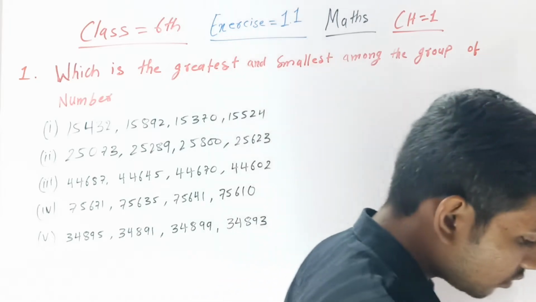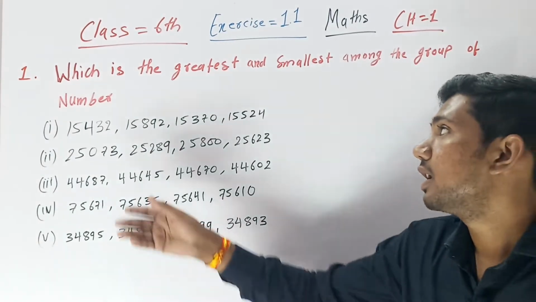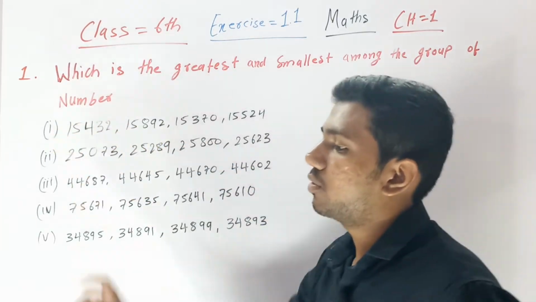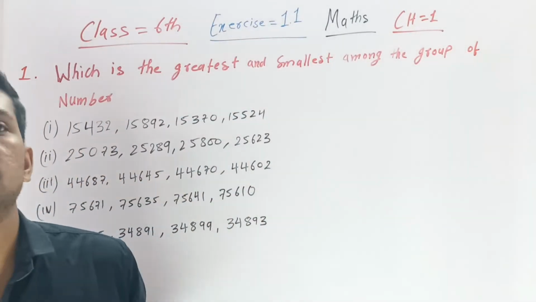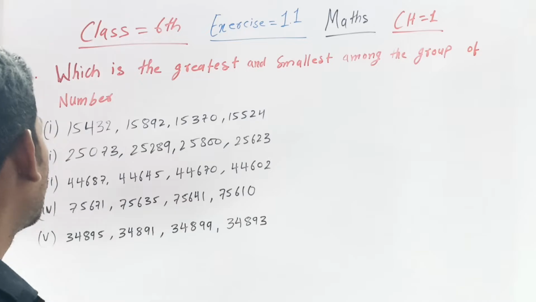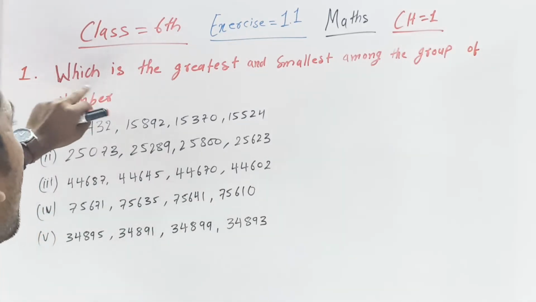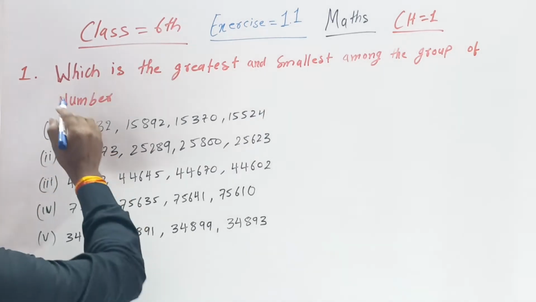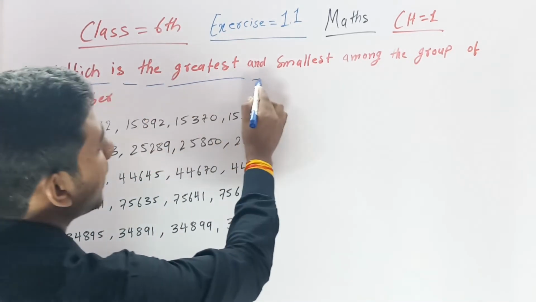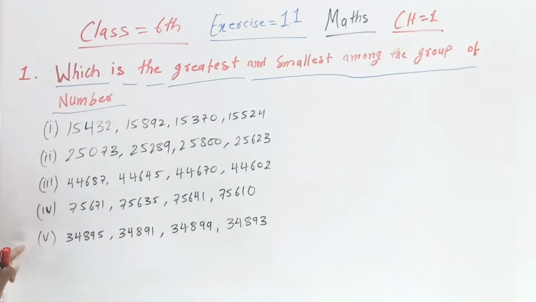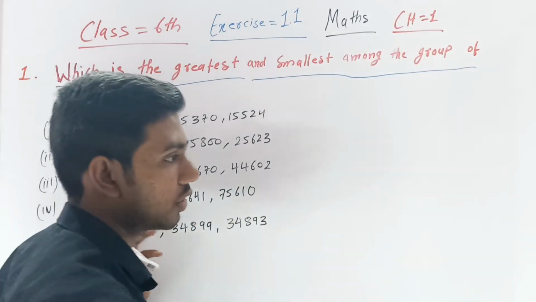First of all, this is our exercise 1.1 and this is our first question. Let's read the question first. In exercise 1.1 question 1, we have to find the greatest and smallest among the group of numbers. There are 5 groups given in the first question.